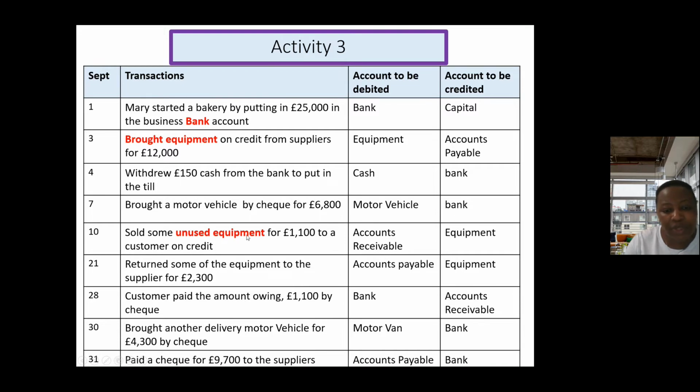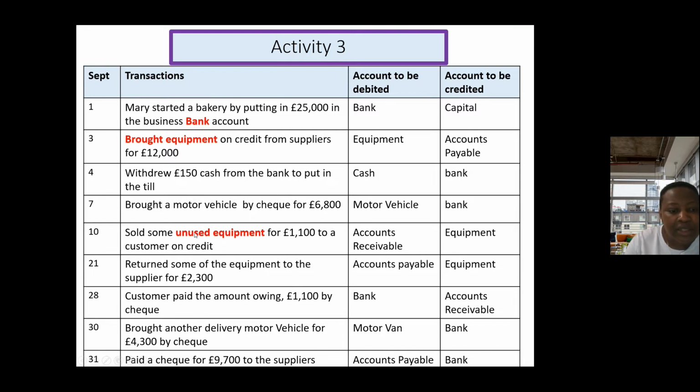Sold some unused equipment for £1,100 to a customer on credit. The first thing we can see is that there is credit. When we have credit, the customer is owing us as an account receivable. An account receivable is an asset. Increase in account receivable, which is an asset to us, we debit. So increase in assets with debits.